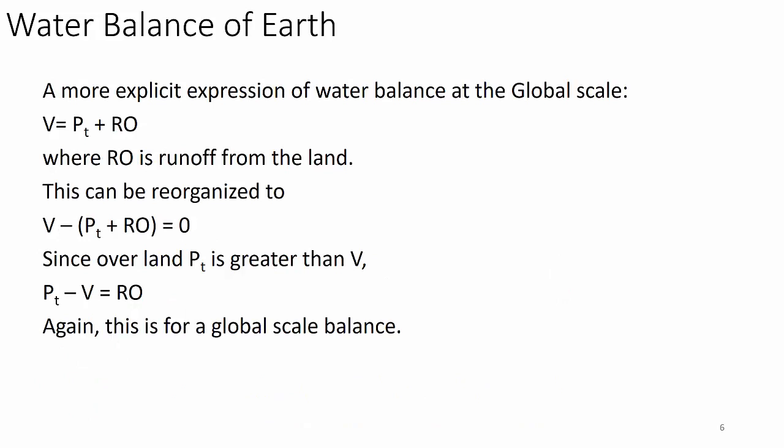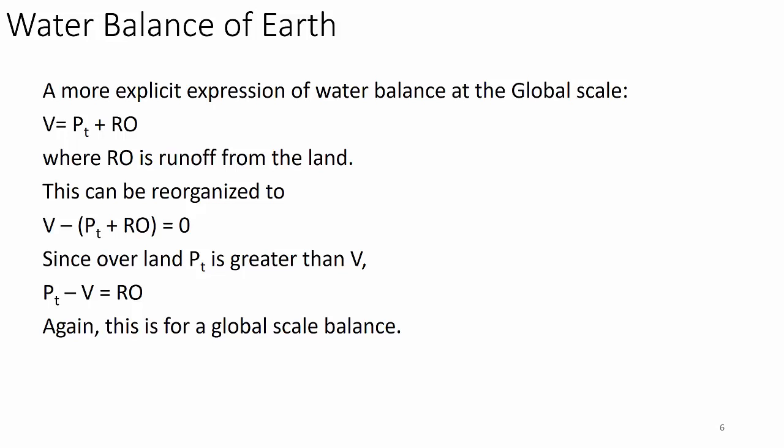A more explicit expression of the water balance at the global scale is the water vapor in the atmosphere equals precipitation plus runoff, where runoff is RO, runoff from the land. You can organize that as V equals precipitation plus runoff from the land, or V minus precipitation plus runoff from the land equals 0.